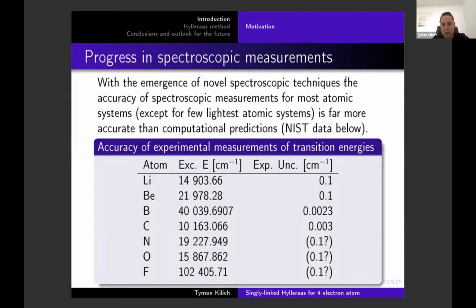I will tell with respect to what they are quite small, but they're on the order of 0.1 centimeter to the minus 1 or less.